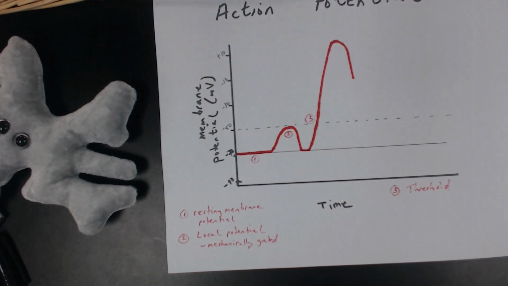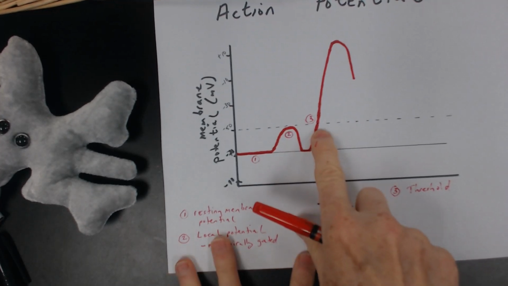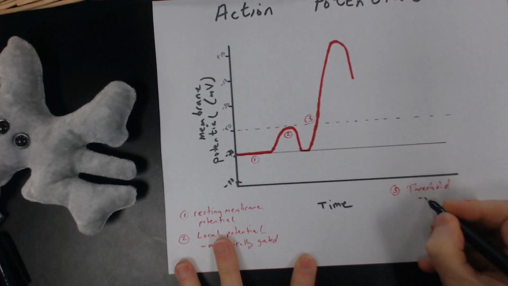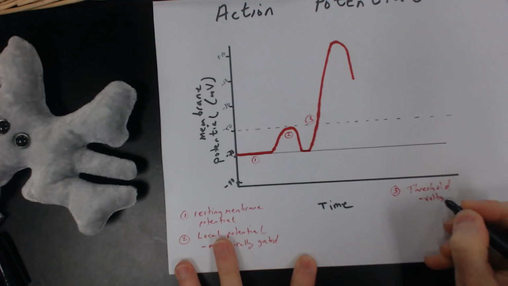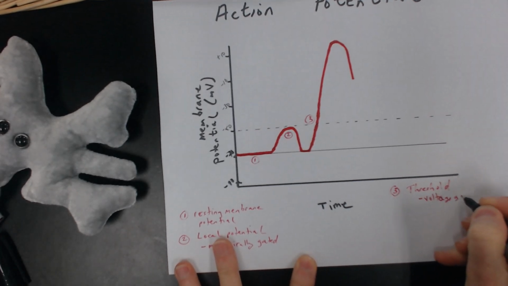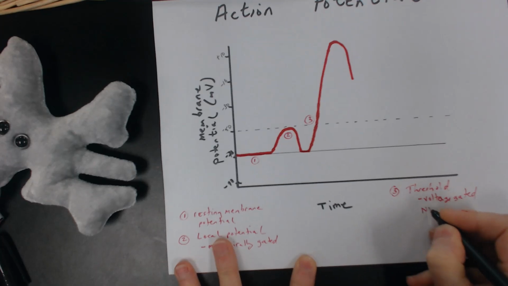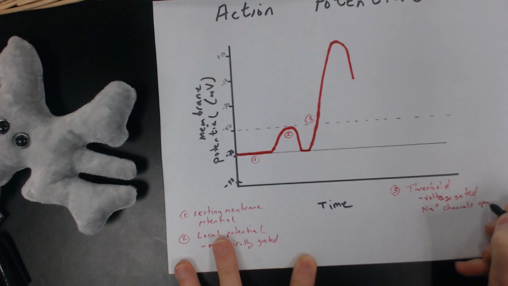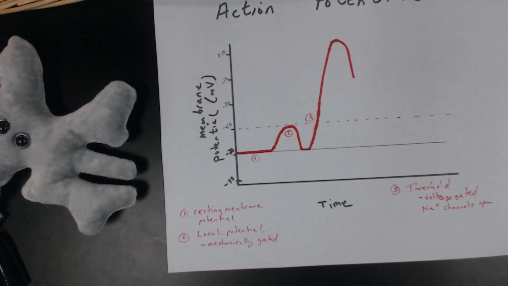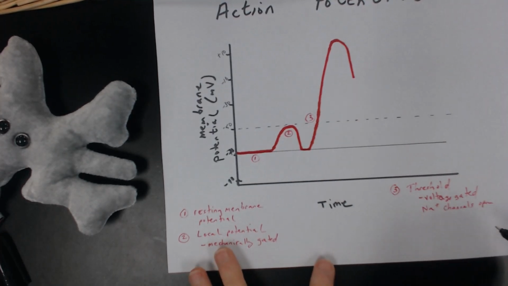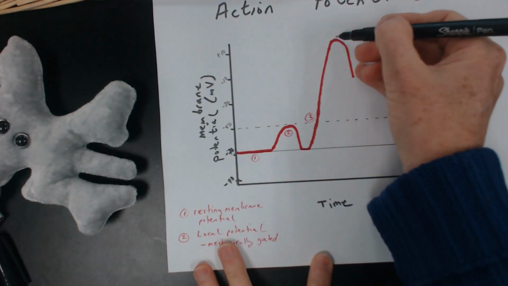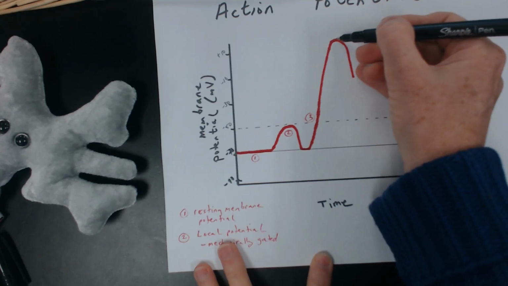Okay, and once I reach threshold, then voltage gated sodium channels open. And once these sodium channels open, sodium rushes in, and sodium's a positive charge mineral, so you're going to come up and become very much more positive.